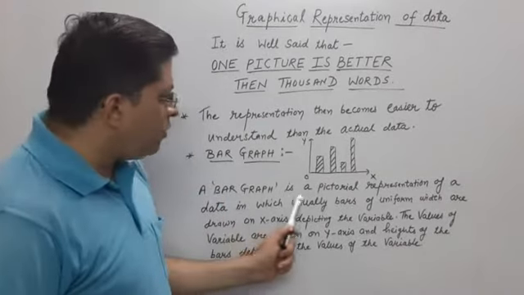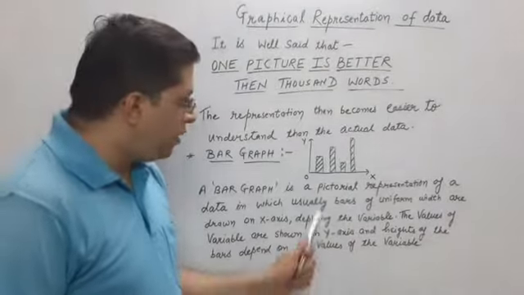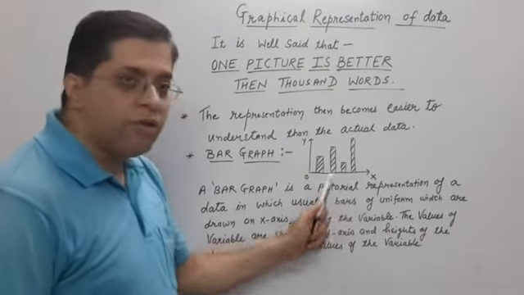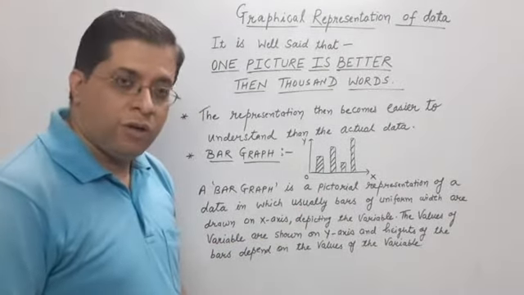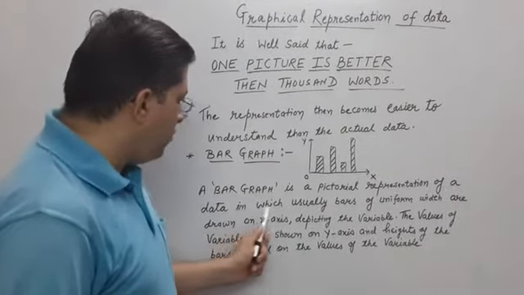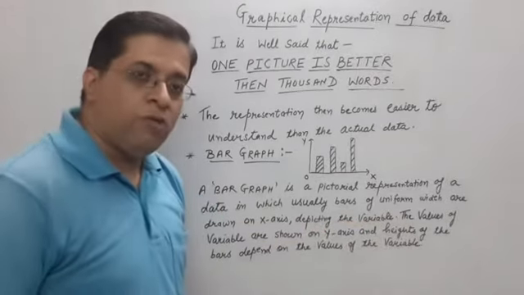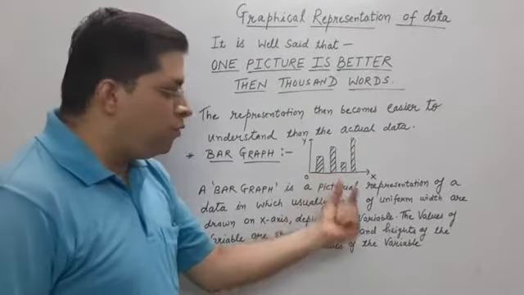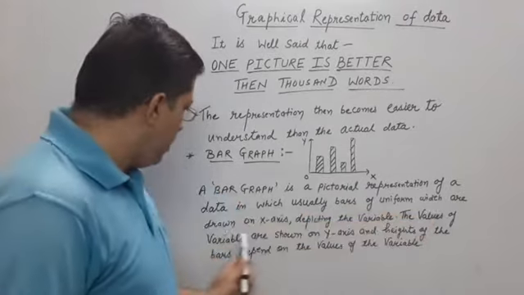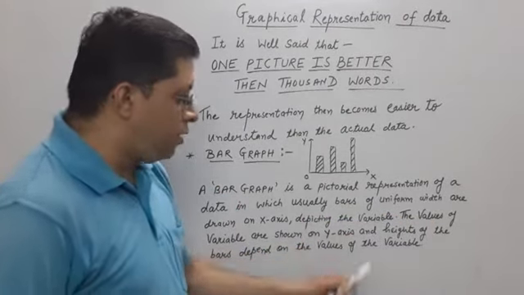A bar graph is a pictorial representation of data. Like, see, this is the pictorial representation here, in which usually bars of uniform width, uniform width means equal width, are drawn on the x-axis depicting the variable.